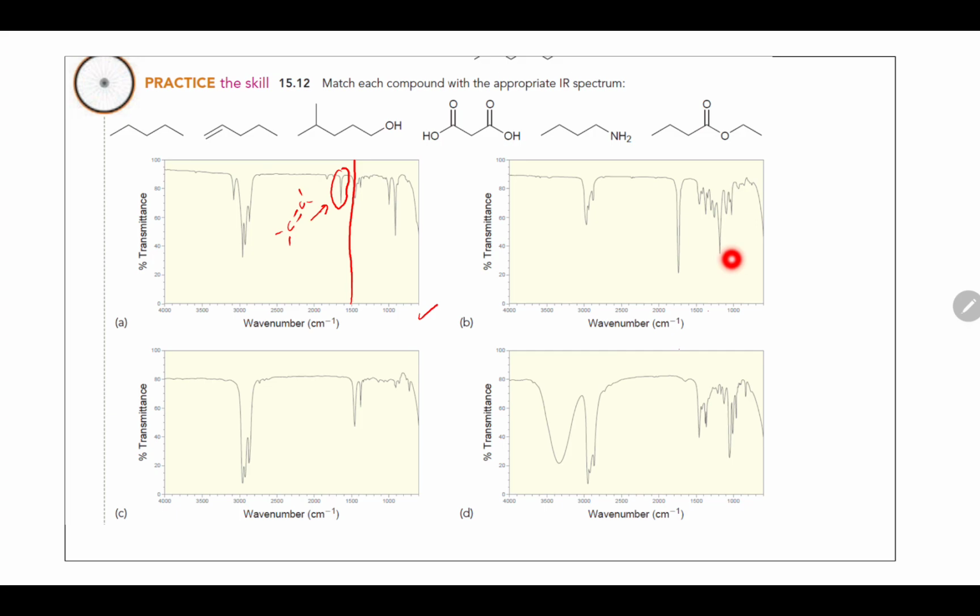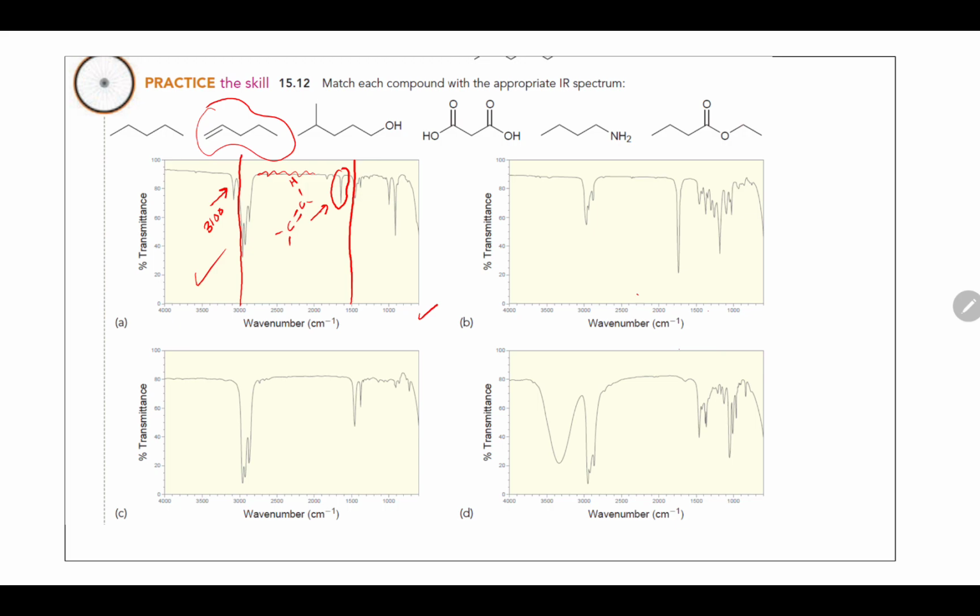And just to make sure, let's look, there is nothing here in this region, so there is no triple bond. This is 3000. Again, a small peak at around 3100 confirms that we have a double bond with a hydrogen on it. And the only structure which has a double bond is this one. So this is the first compound, and it corresponds to this spectrum.